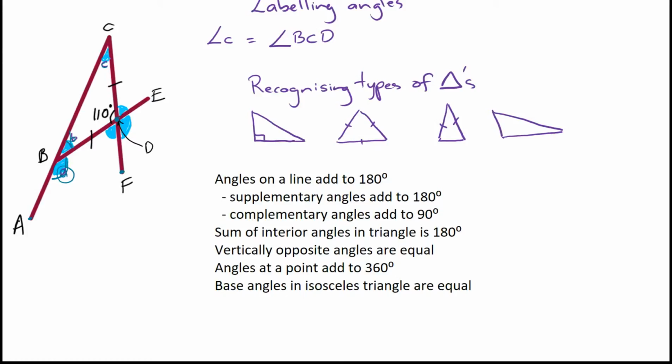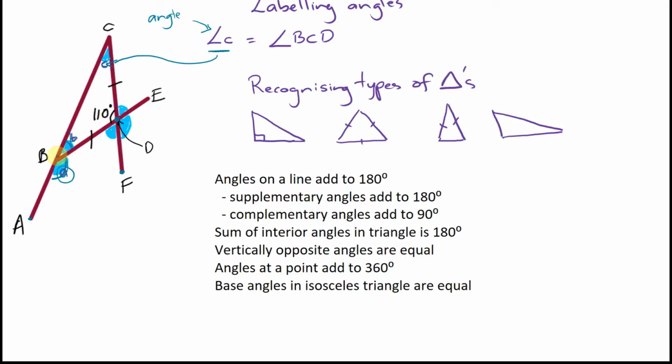So when we're labelling our angles, we can label them as angle C, so that symbol there, a slanted L, means angle. So angle C is actually that angle there. It is also labelled angle BCD.